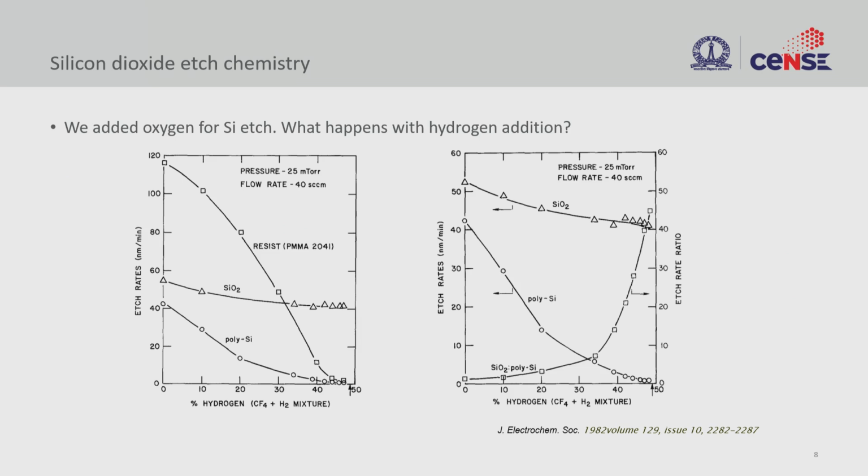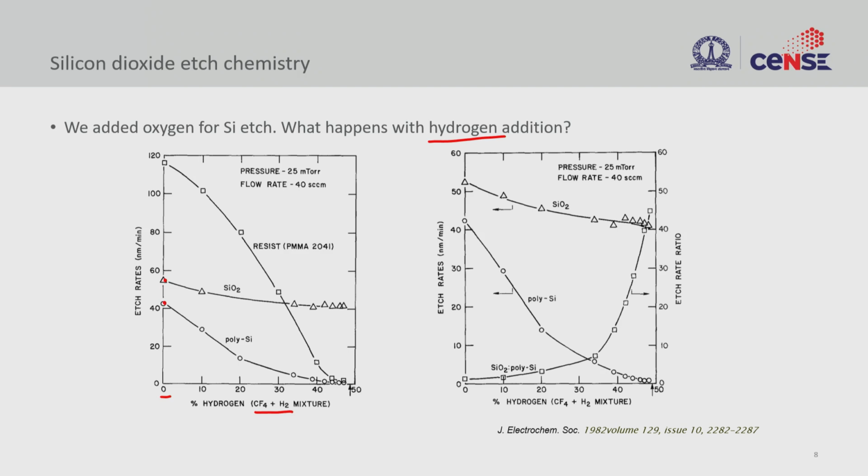So we used oxygen in the case of silicon etch to increase the etch rate. In this case, we add hydrogen to the plasma. So CF4 plus H2 is what we had. Interestingly, when you have 0 H2, so when there is no hydrogen added to the plasma, you look at the selectivity between silicon and silicon dioxide, and it is very small.